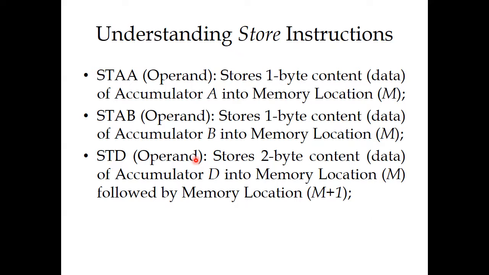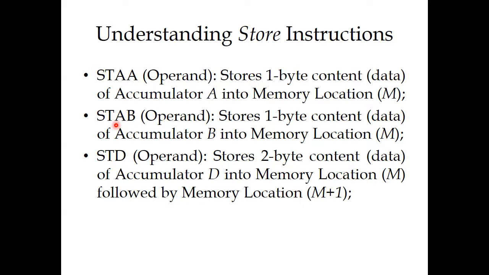As you can guess, each store instruction is for a specific type of register. For example, the very first one, STAA, stores 1 byte content. Again, most of the time by content we mean data. It stores the 1 byte content of accumulator A into a memory location. And since accumulator A is 1 byte, you will be putting back 1 byte.